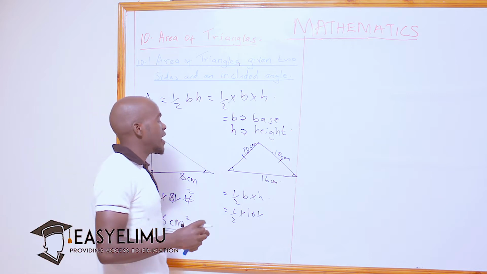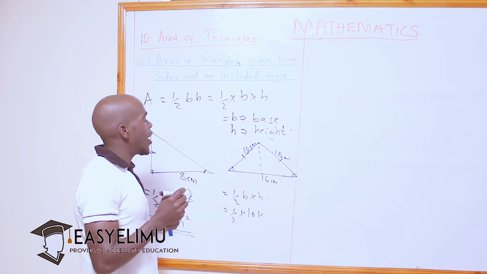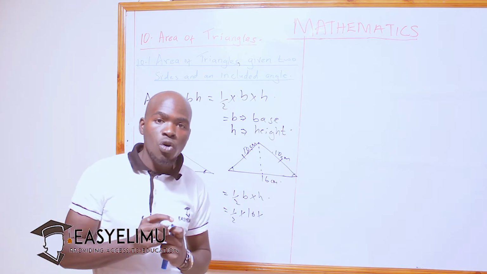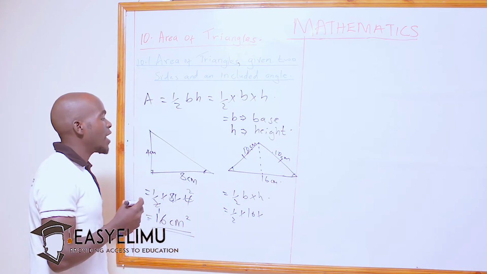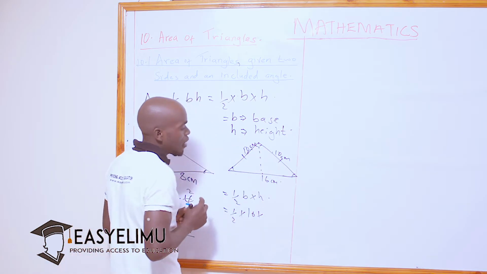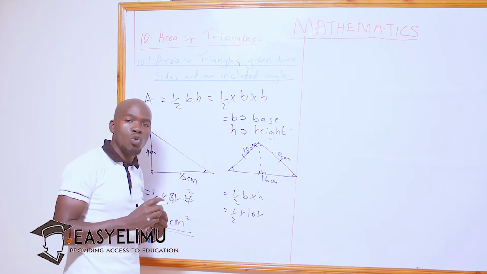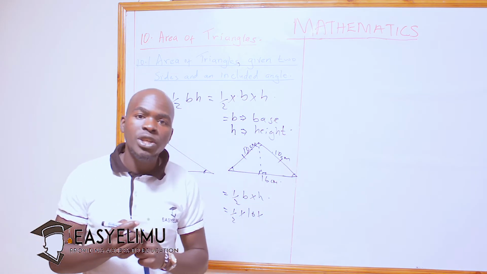But remember the height here, you will have to divide the upper angle into 2, which divides the two equal sides, and you will find these angles being the same, and you will have created two equal right angled triangles.